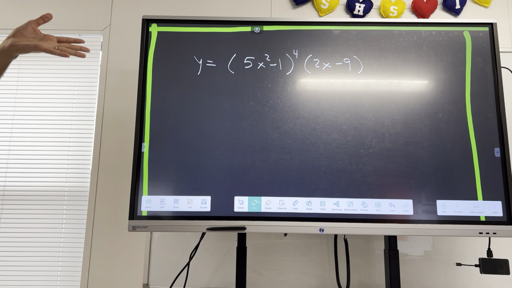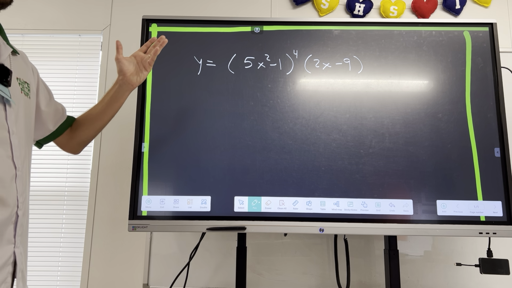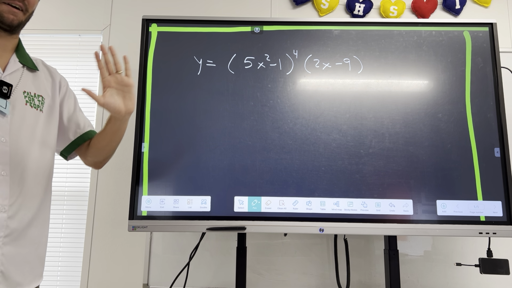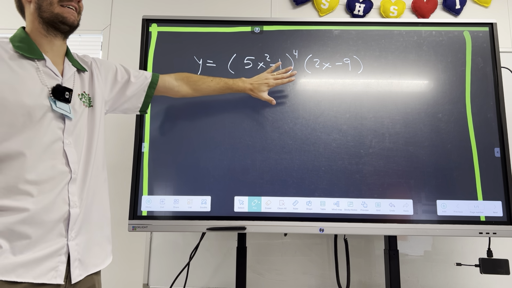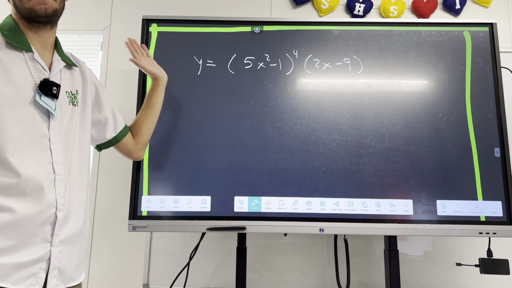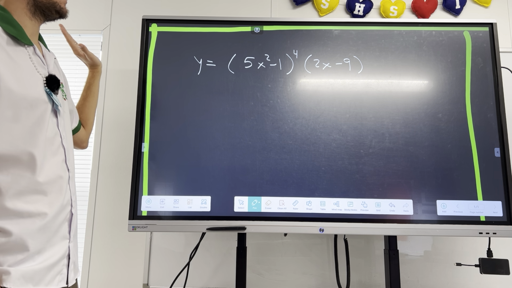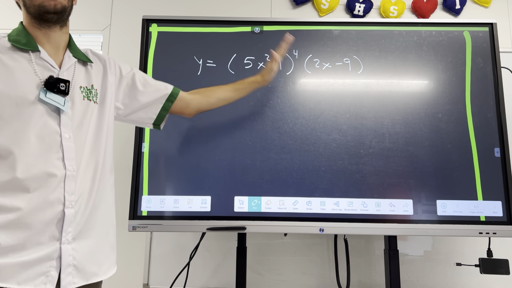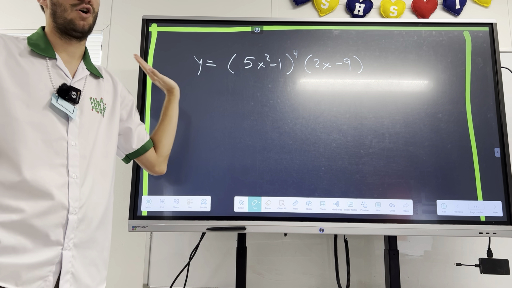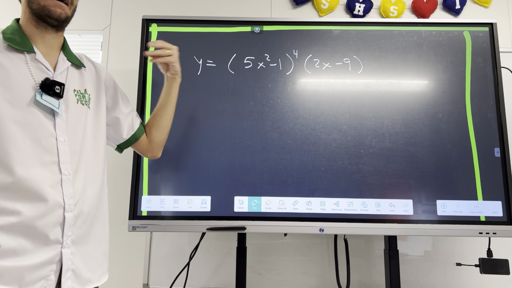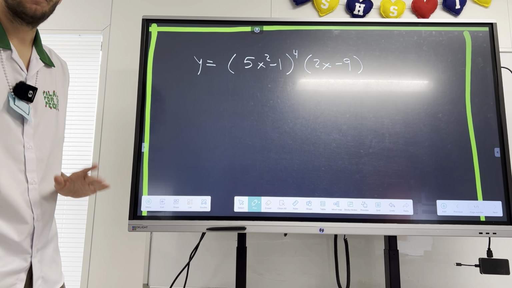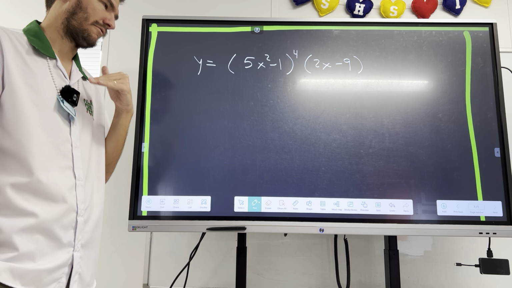We could foil this, but we do not want to foil this. That would be foiling this together 4 separate times and then foiling another 2x minus 9 on top of there. This would be a ton of x's and a ton of combined like terms, absolutely awful to handle the algebra way. We could do it, but awful.